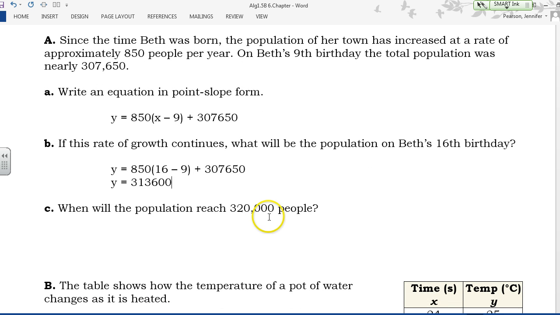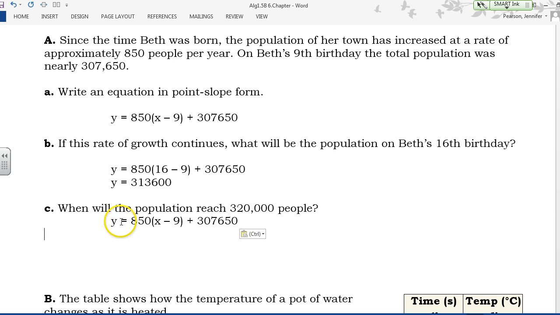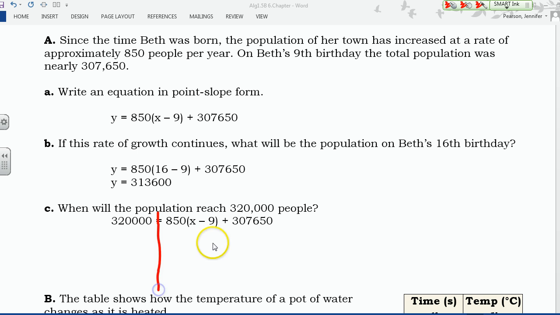When will the population reach 320,000 people? 320,000 is represented by the y variable, so I'm going to substitute that in for y, and then I can solve the equation. So we will subtract the 307,650 number from each side.